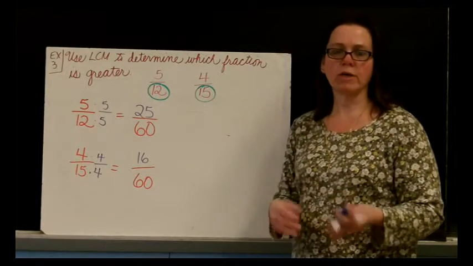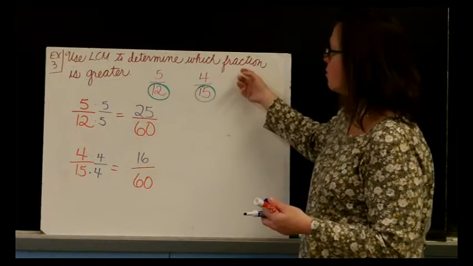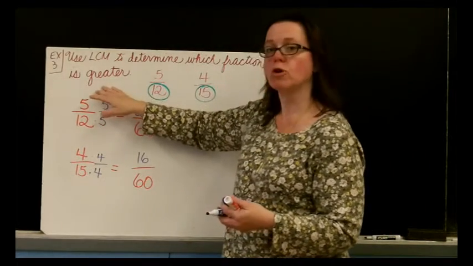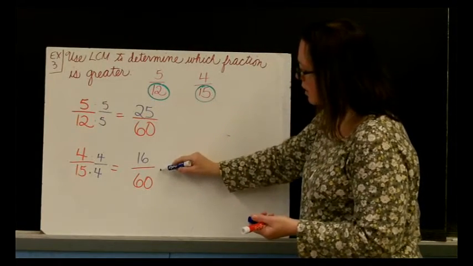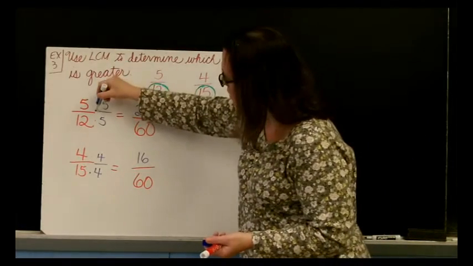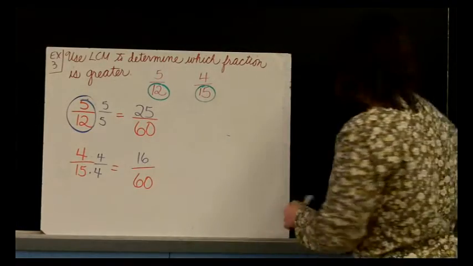So now, just so I can make sure that I'm answering the right question, I go back to my directions and see we need to find a fraction that is greater. 25/60ths is more than 16/60ths, which means 5/12ths is our greater fraction.